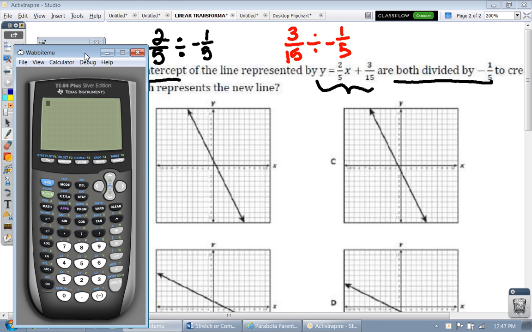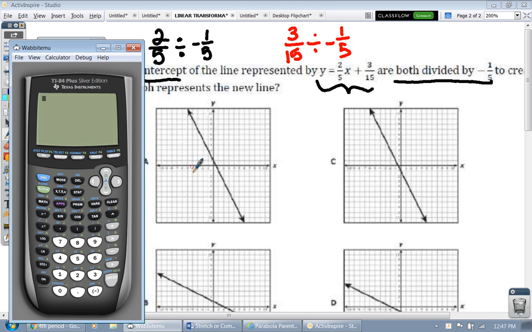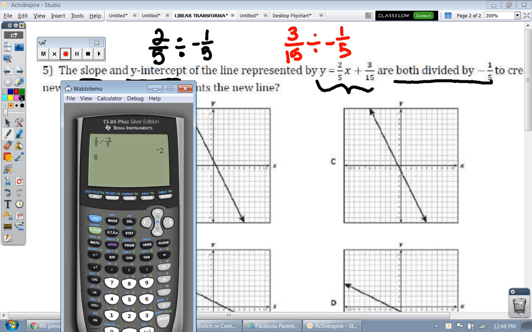Let's start with 2/5. We're going to have to do some alpha here. 2/5 divided by, and then alpha, negative 1/5. So the information in black is my slope.